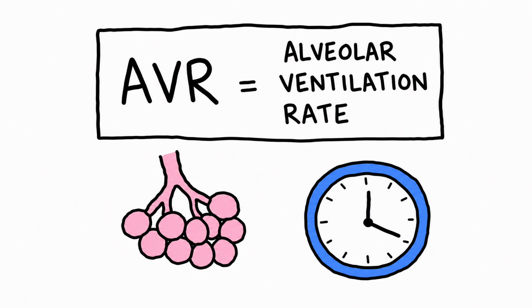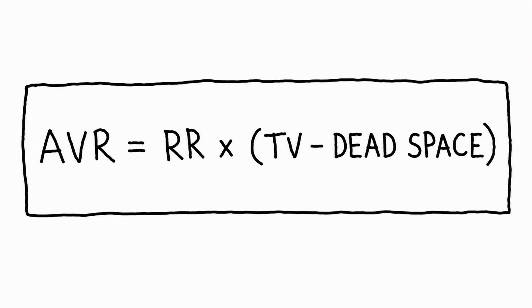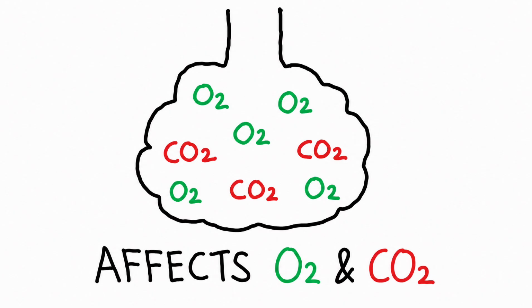AVR is basically the respiratory rate times the difference of the tidal volume minus the physiological dead space. So this is basically the volume of air that reaches the alveoli each minute. This is an important value since it impacts the concentration of oxygen and carbon dioxide within the alveoli.